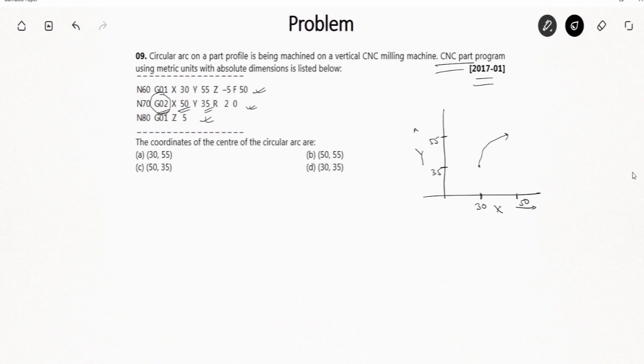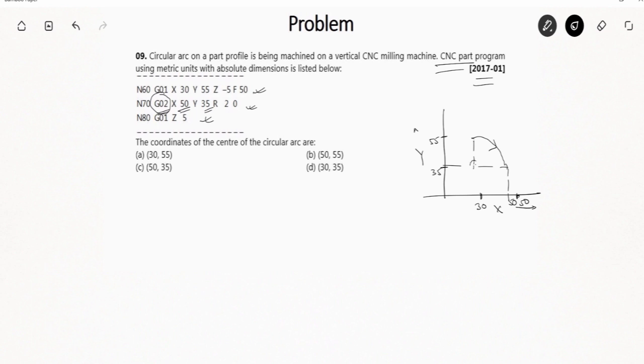So this is x50. I have drawn the diagram incorrectly. See, they are saying that x is 30 and y is 55, so it's this point, and from there a clockwise circular interpolation is going on to this point, which is 50. What they have asked is the coordinates of the center of the circular arc.